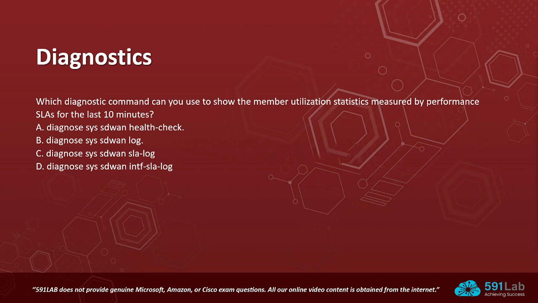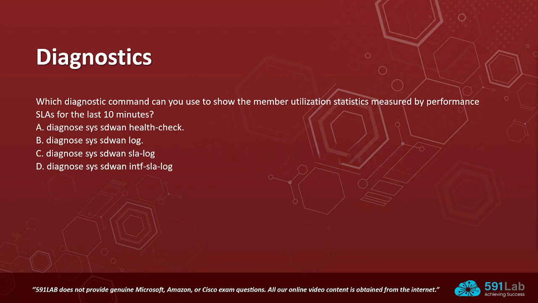On diagnostics, we can see which diagnostic command you can use to show the member utilization measured by performance SLA for the last 10 minutes. So we have diagnose sys sdwan health-check, sdwan log, sdwan sla-log, sdwan intf-sla-log.